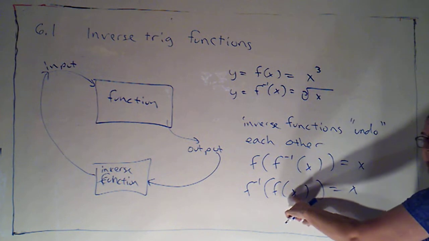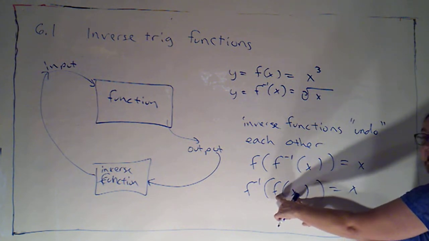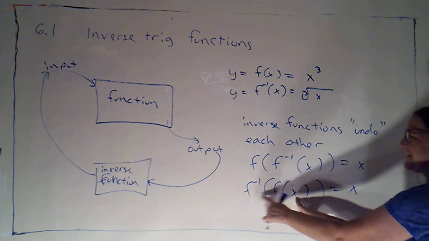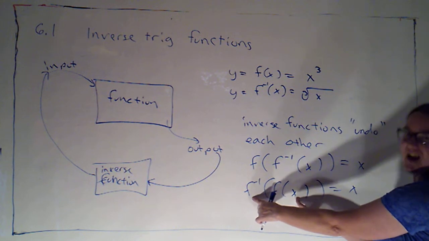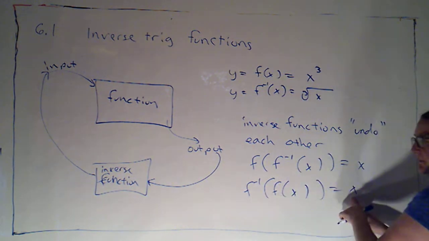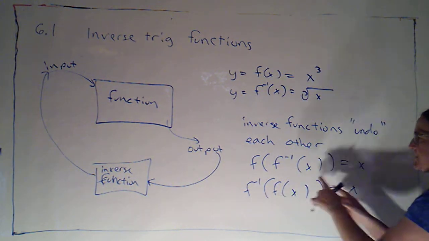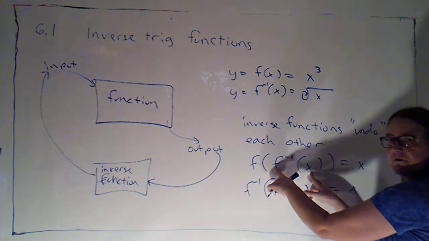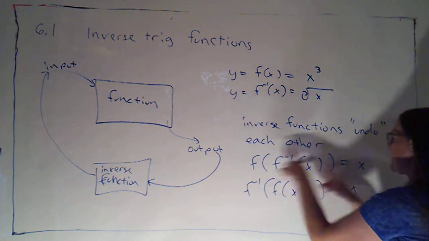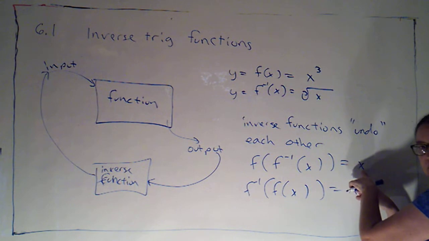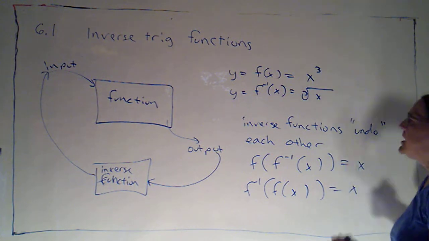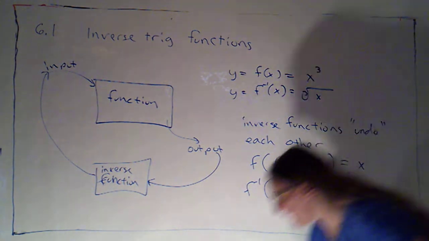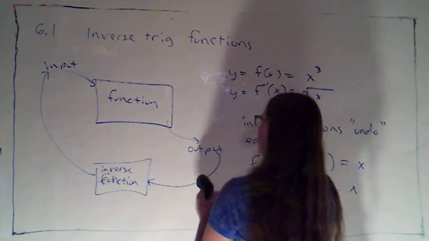So here I said if I take x, I plug it into f, so I do something, then I plug it into the inverse function, so I undo what I just did, I'm going to be back at x. And it works both ways. Whatever f inverse does, f undoes that, and it gives me back my original input. So that's one way I have of thinking about inverse functions.